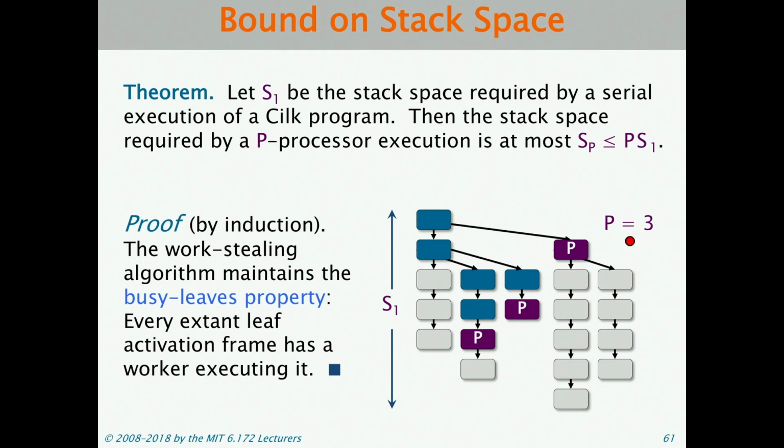And we do this for every processor, so therefore the upper bound on the stack space required by P processor execution is just P times S1. In general, this is a quite loose upper bound because you're not necessarily going all the way down in this computation DAG every time. Sometimes you will, but usually you'll be much higher in this computation DAG.